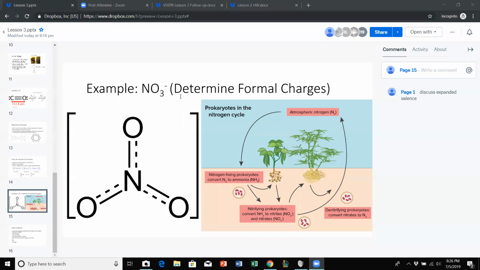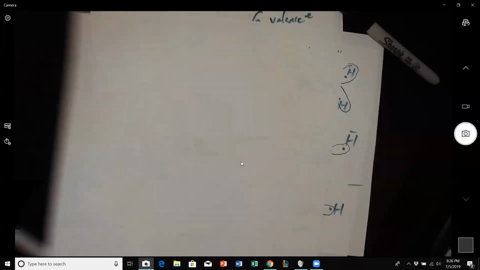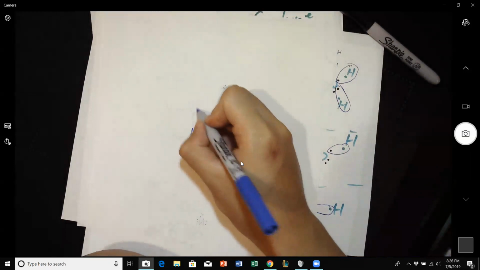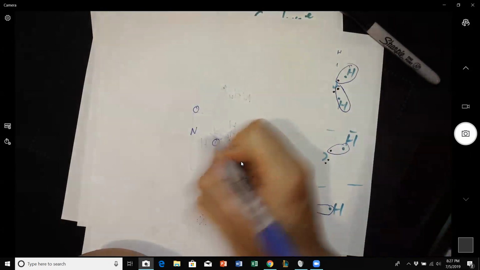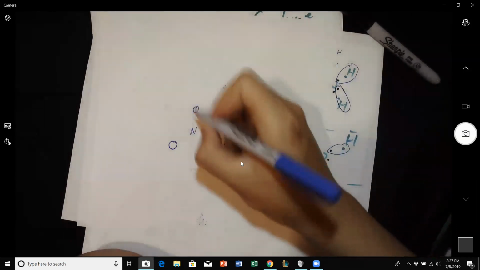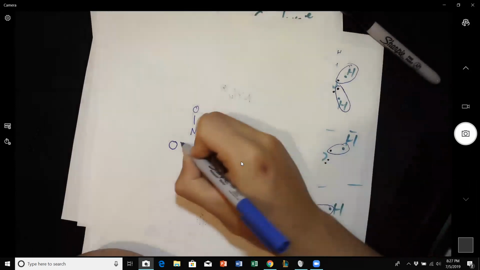Since we're not sure how to do this, this one is hard, right? Let me think of the best way to do this systematically. First off, let's give the nitrogen 3 bonds, I guess.